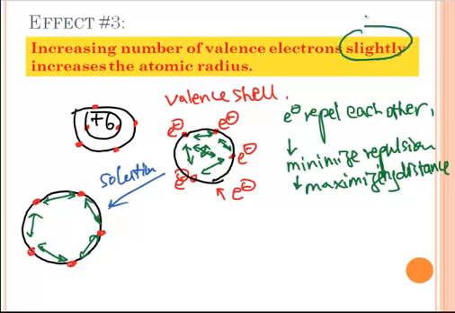So now we can compare. Effect number 1: yes, this is 3, this is 2. Effect number 2: the answer is no. Effect number 3: yes, because this is 8, this is 1.